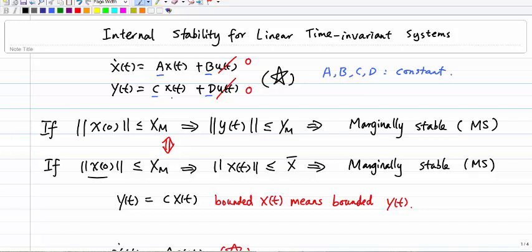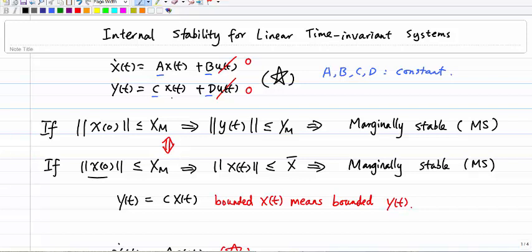In terms of the definition of internal stability, we have two types of stability we're talking about. One is called marginal stability. One is called asymptotic stability. So here's the definition of the marginal stability.